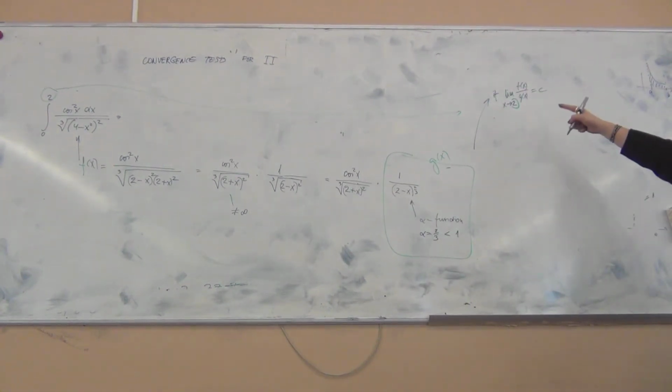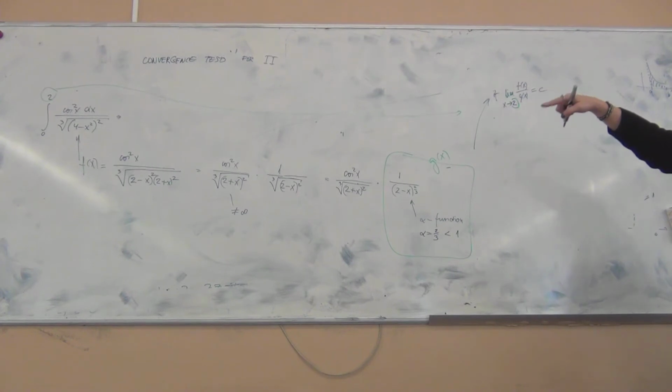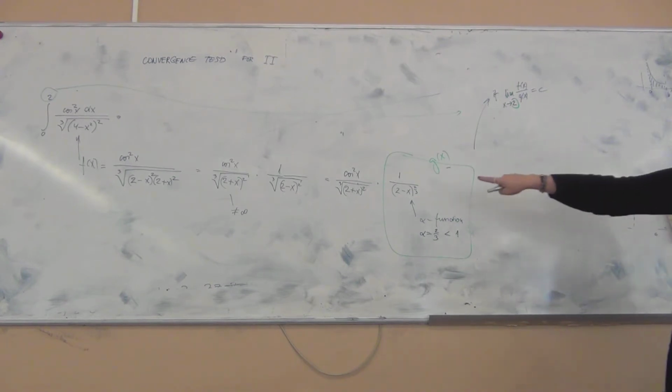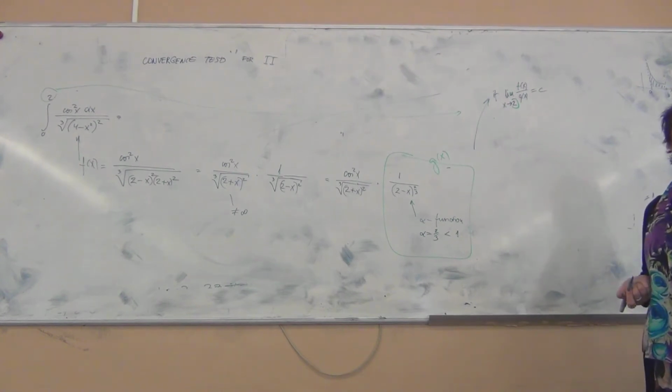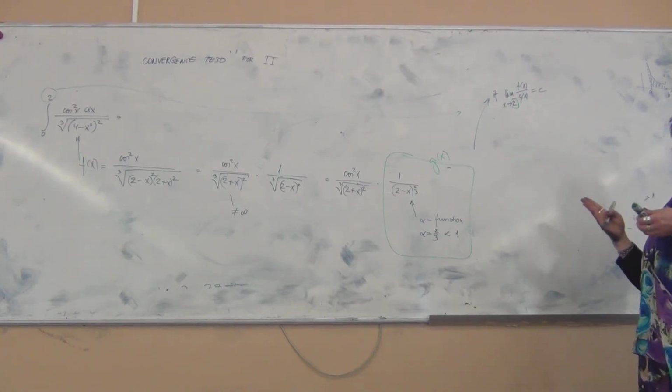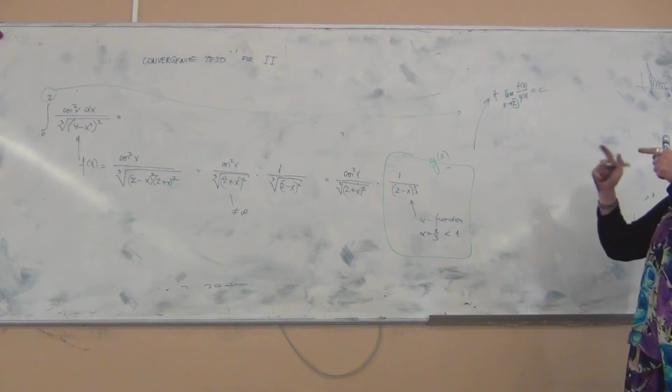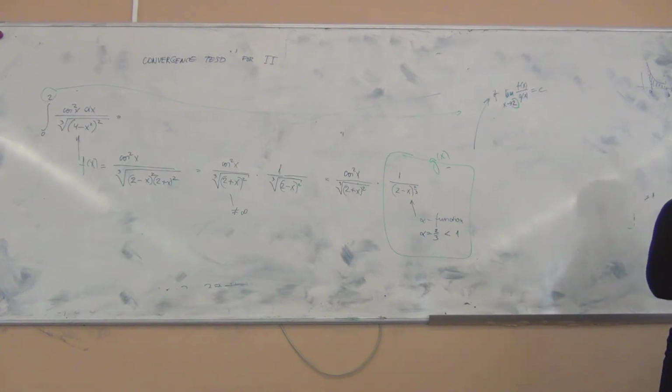So if the limit of the ratio of these two functions when x tends to 2 is a constant, then because the g function has a convergent integral according to the comparison test, the f function must also have a convergent integral.